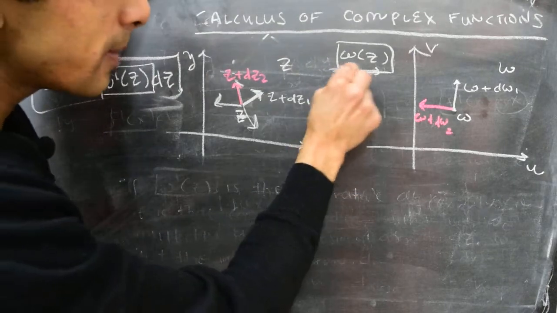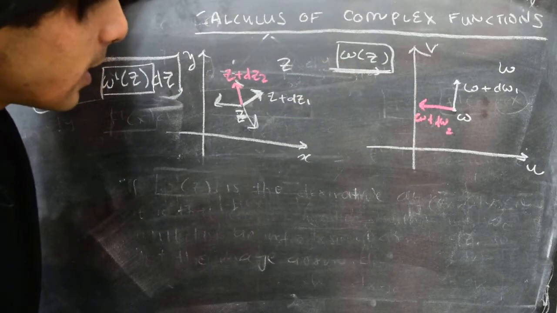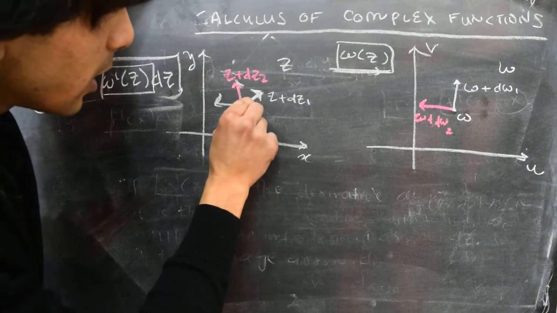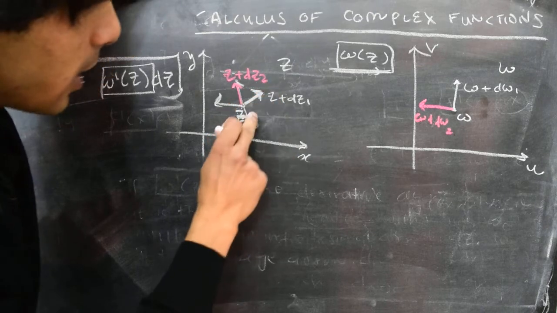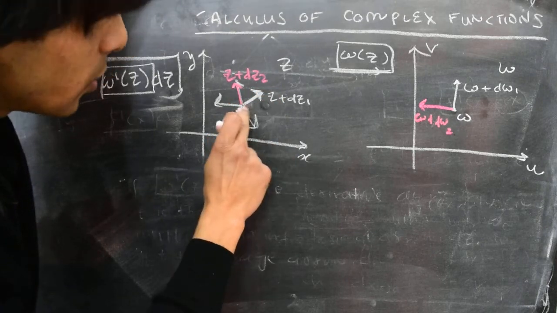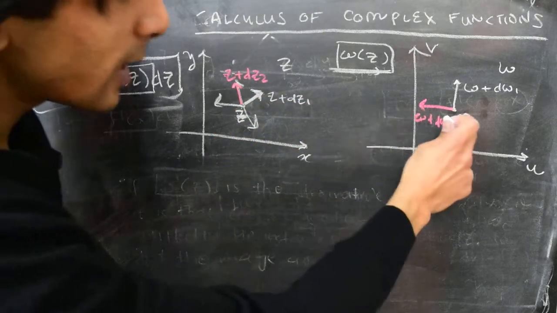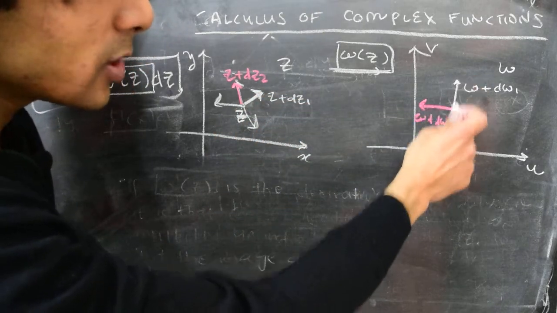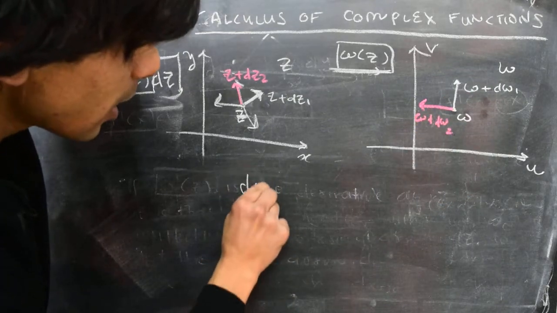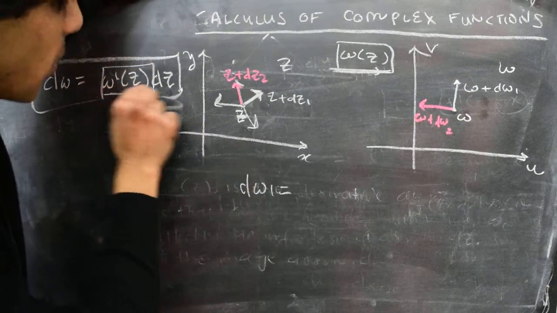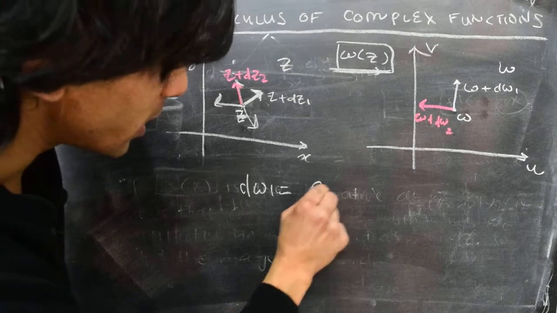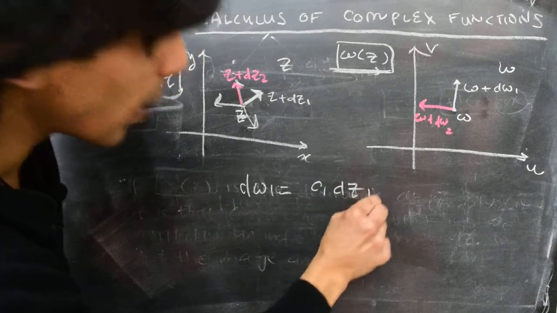Now, for an arbitrary mapping w(z), this could mean that you step in the direction dz1, so you have this arrow that goes from z to z plus dz1, and then in order to get the image arrow dw1, you might have to multiply it with some complex number, let's just call it c1, times dz1.